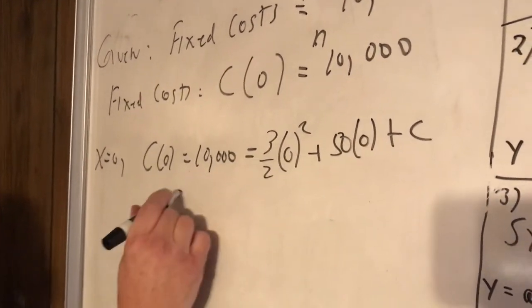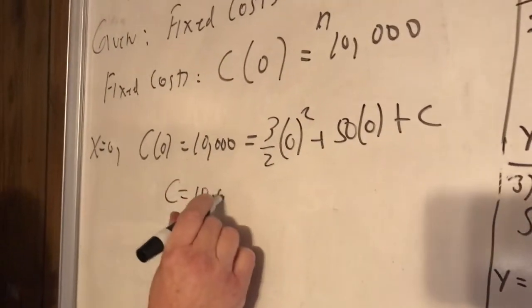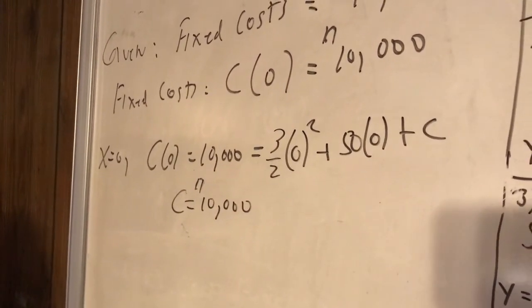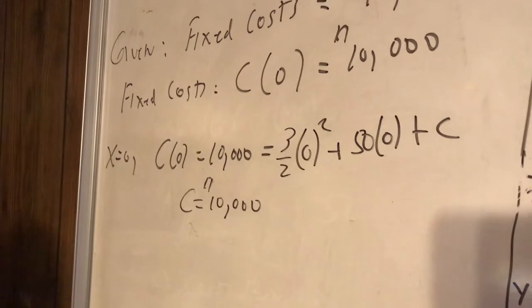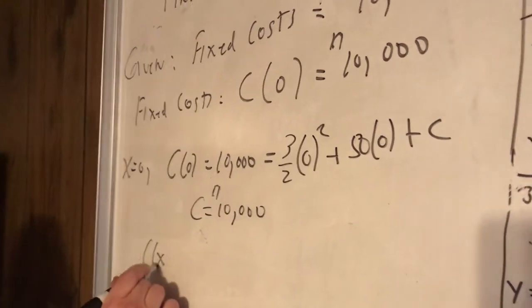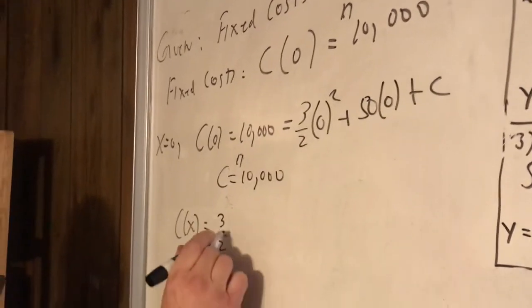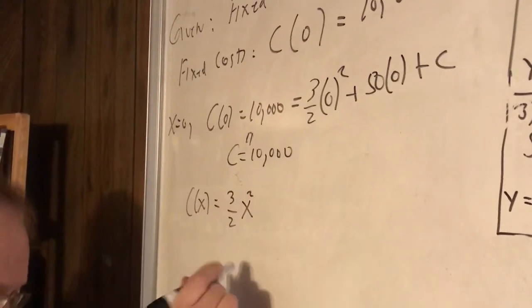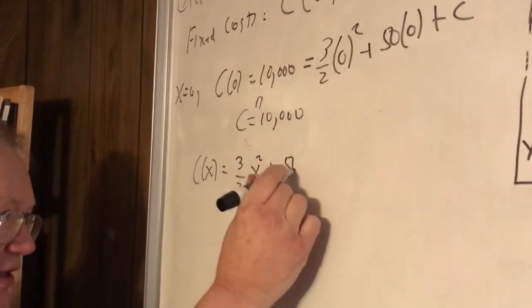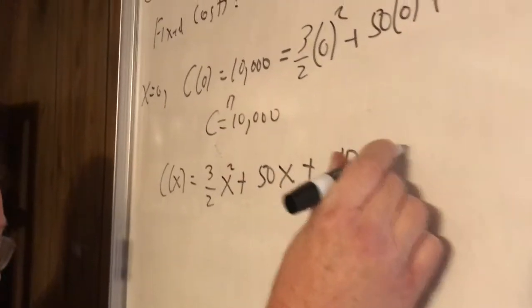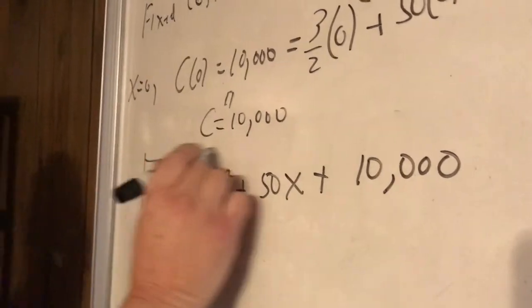Also, we know that c equals $10,000, which makes sense because c is your fixed cost. I could have gone directly to that. So C(x), which is different than c, is going to be 3/2 x squared plus 50x plus 10,000, and this is your complete cost function.